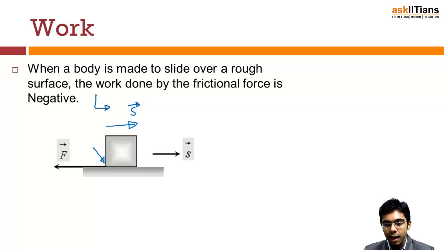If we consider this as the x-axis and this as the y-axis, the displacement is along the x-axis, so the friction force is going to oppose this displacement. Therefore the force of friction will be along the negative x direction. Again the same thing is there: the displacement and the force of friction are making an angle of 180 degrees. So it comes out to be negative work done.